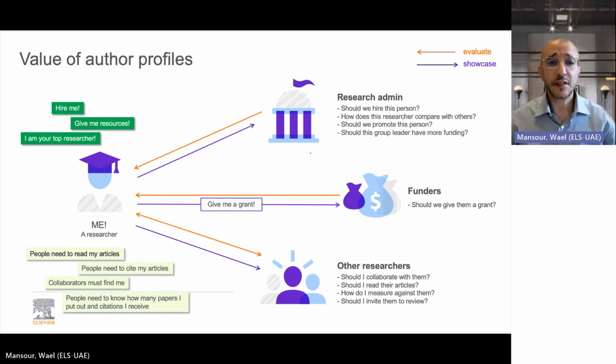I guess, in my opinion, this is the most important slide in this presentation. So if you would like to focus with me on this one, because this explains the whole concept. So here we have the researcher. This is you. So what do you want?